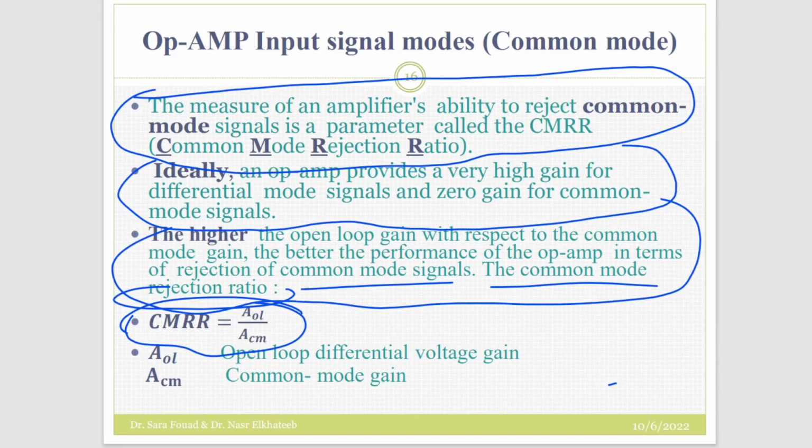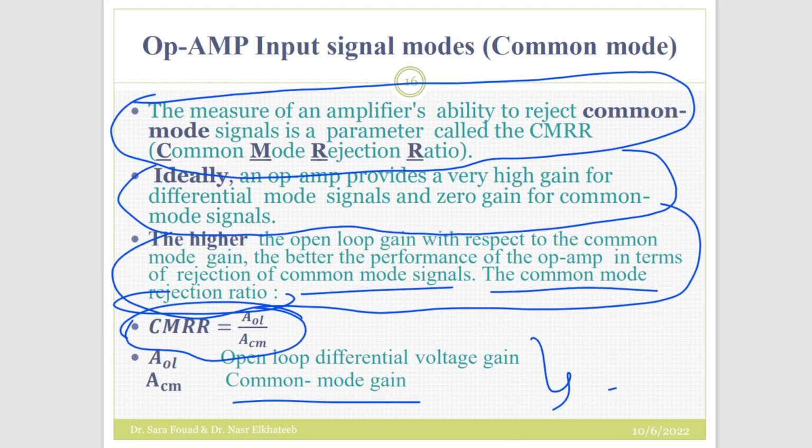So we have explained these two parameters. The open loop gain, or the open loop differential voltage gain, appears when we connect the operational amplifier in the single ended mode and the differential mode. The other parameter, the common mode gain, is the gain in which the difference between two almost exact signals is very small, so it is going to be cancelled, and this is caused by the common mode rejection ratio.